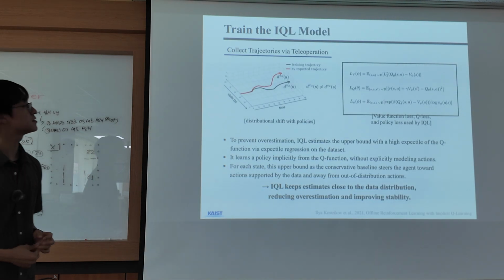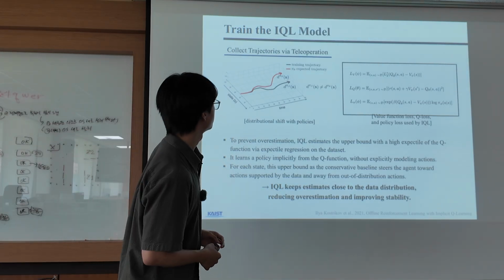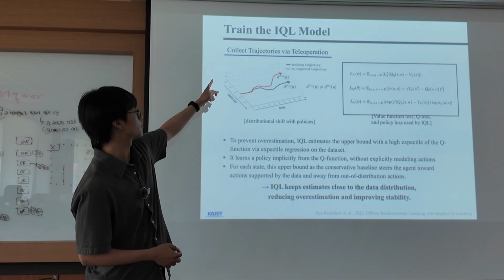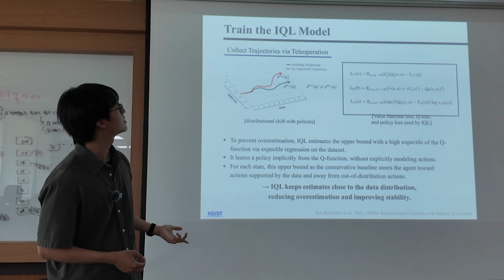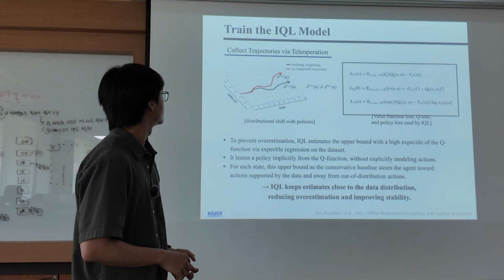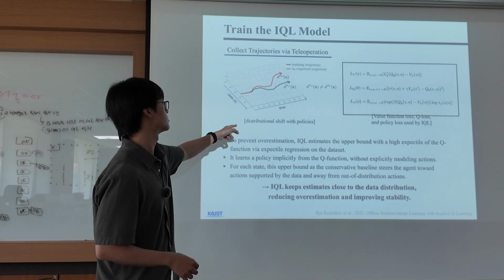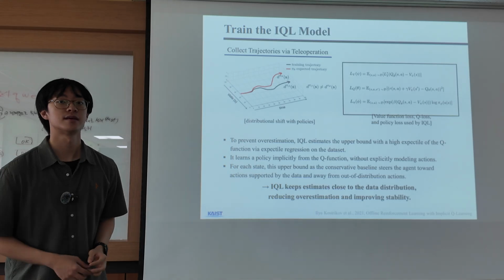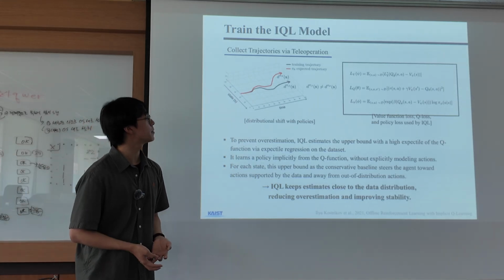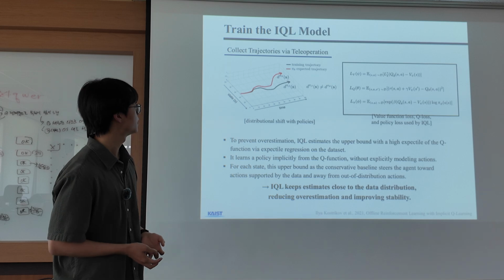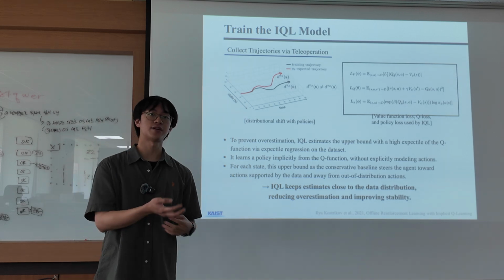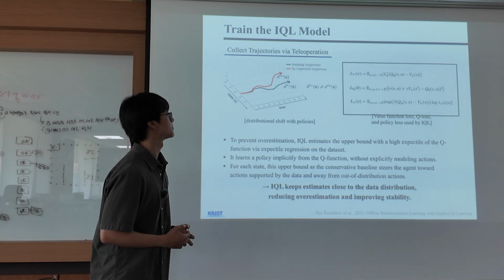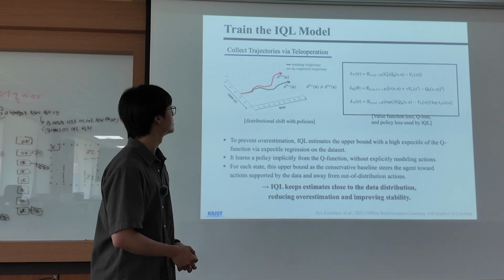About IQL, implicit Q learning: we are going to run this implicit Q learning algorithm, which is an offline reinforcement learning algorithm. IQL is mainly meant to decrease the distributional shift with policies, because compared to online reinforcement learning, which uses interaction with the real environment, it uses just a pre-collected data set from others or experts.